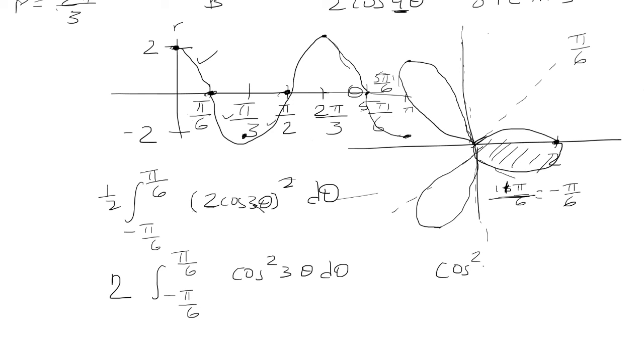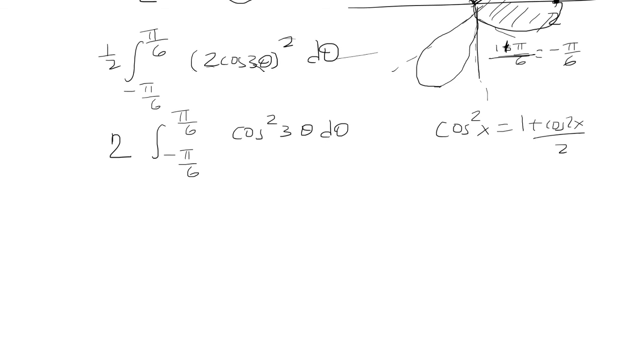We know that cosine squared x is 1 plus cosine 2x over 2, so you're doubling the angle. In our case, we're going to have 1 plus cosine 6 theta over 2. The 2 is going to come out and cancel.